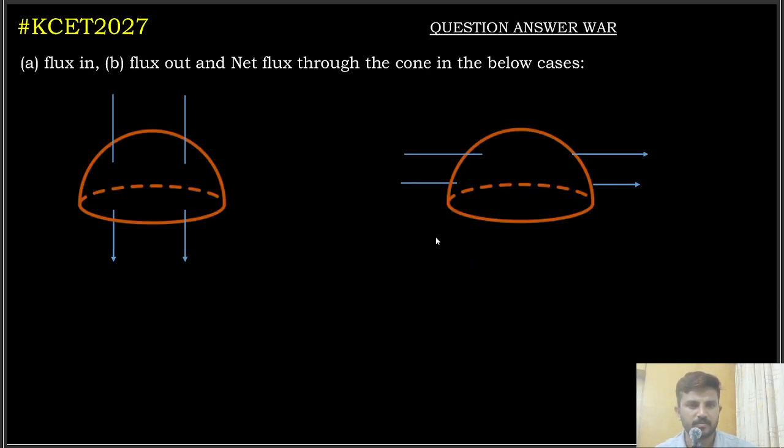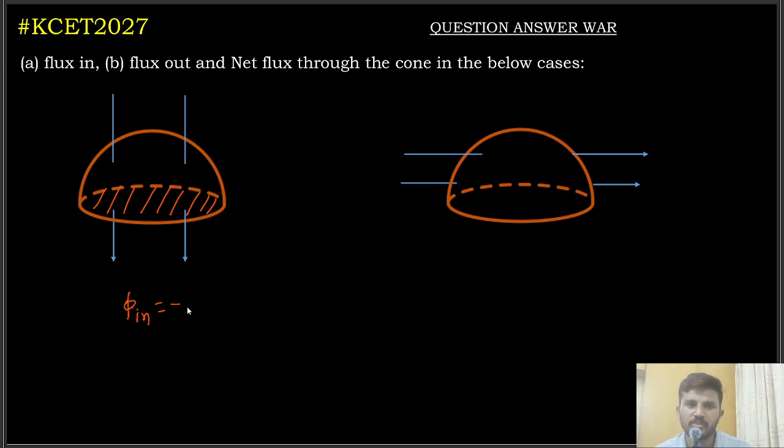Then here we have a hemisphere. How do you calculate the flux in and flux out? Same, you just have to consider the area here. The area of the base is pi r square. Here for flux in, you take the bottom surface, E into pi r square, because for the curved surface the angles will be different.